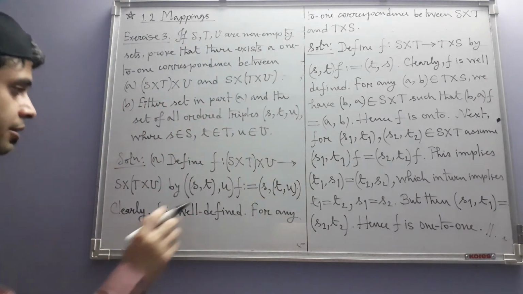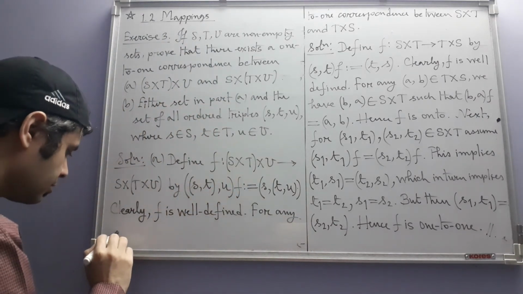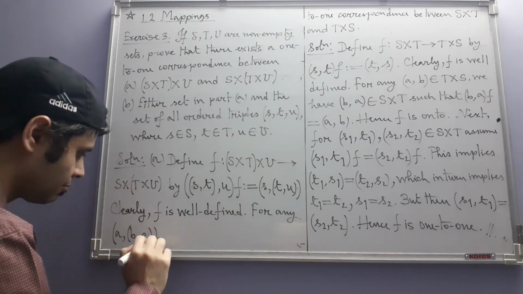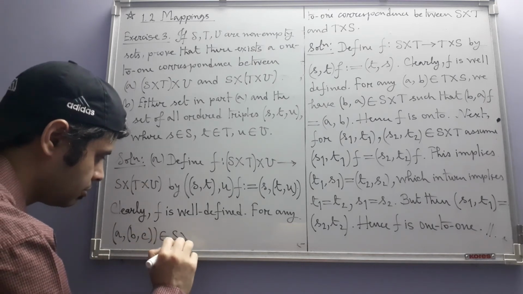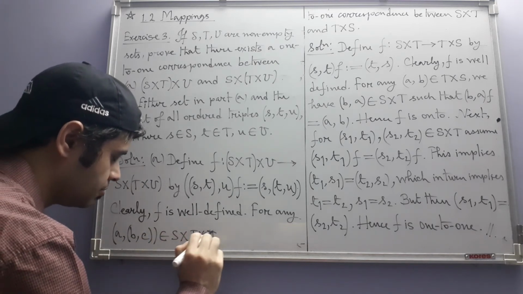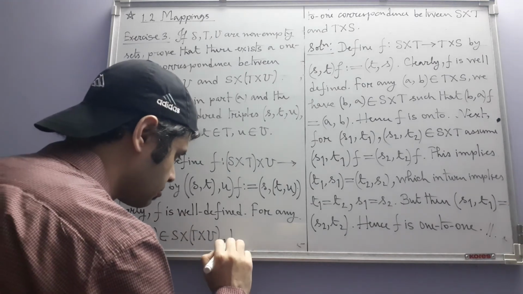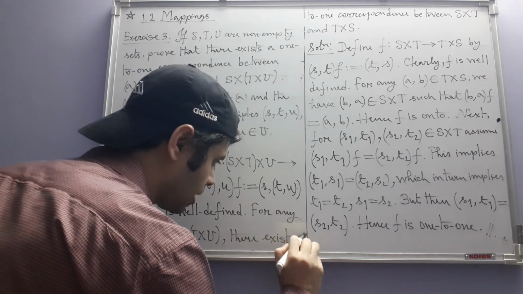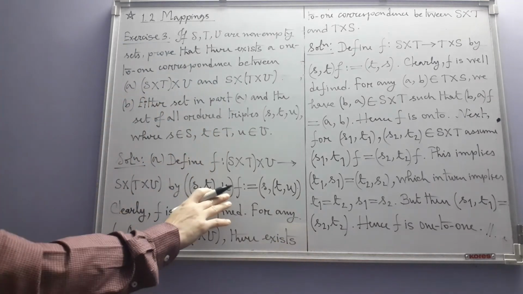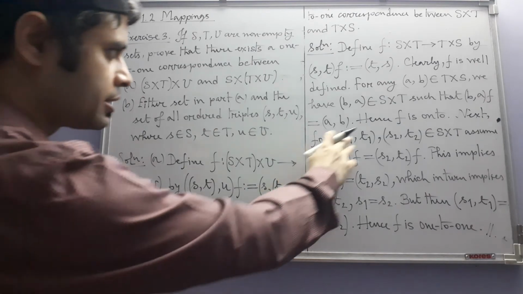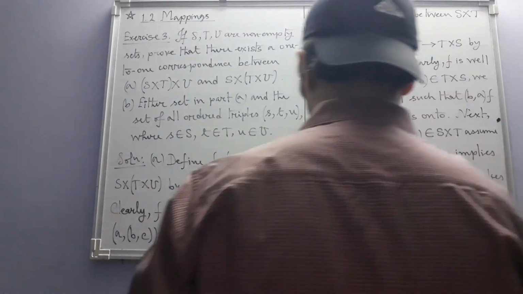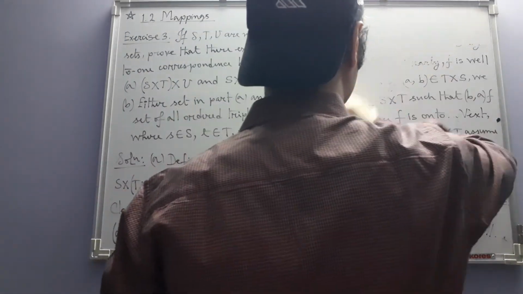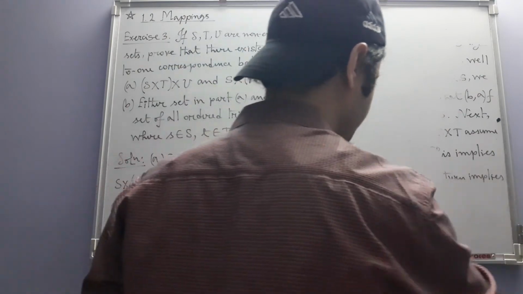For any element here, say I take it as (a, b, c) belonging to S cross T cross U, there exists... So now I am going to show that my function or mapping F is onto. I proceed just like the previous solution.